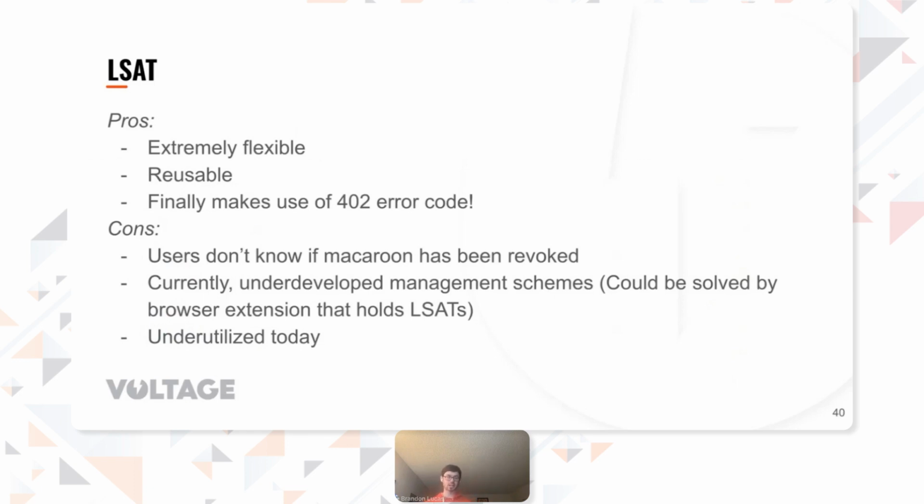So some pros and cons here. Extremely flexible. With a macaroon, you can essentially put in any rules that you want for content on your website, right? You can do things like metered subscriptions and have the LSAT expire after a certain period of time.